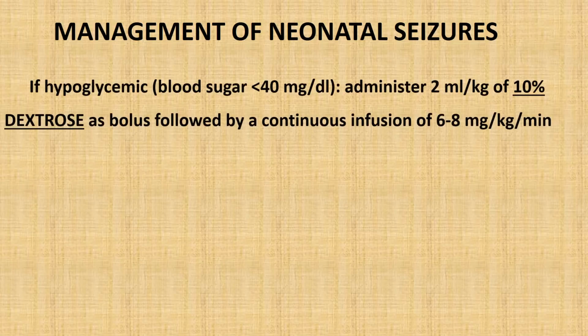So if the sugar is less than 40 milligram per dl, we will label it as hypoglycemia, and we have to administer 2 ml per kg of 10% dextrose as a bolus, followed by continuous infusion of 6 to 8 milligram per kilogram per minute.